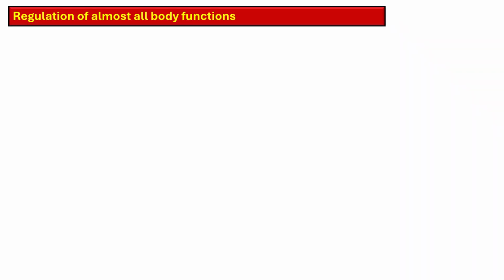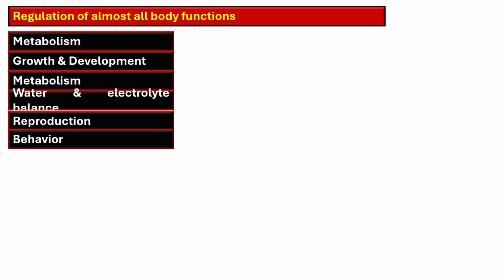The endocrine system, via its diverse array of hormones, serves as the master regulatory network that sustains life, and it orchestrates the body's long-term homeostasis.